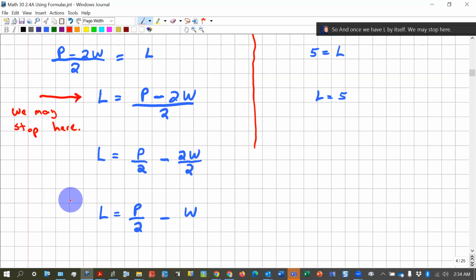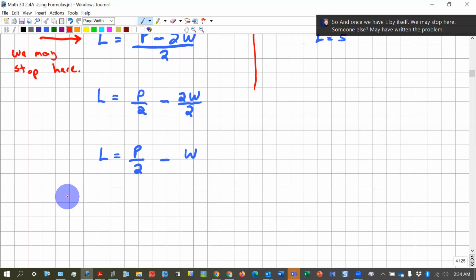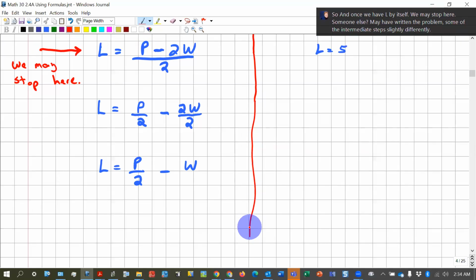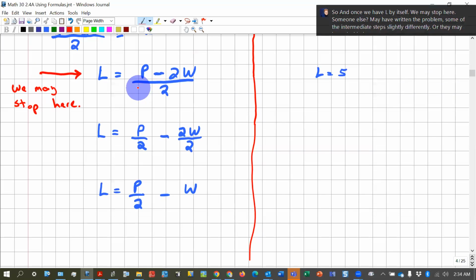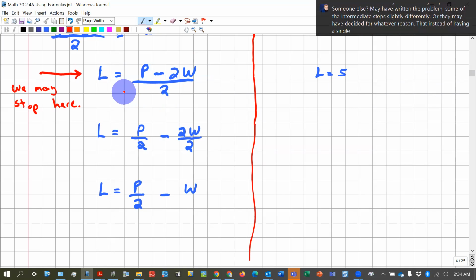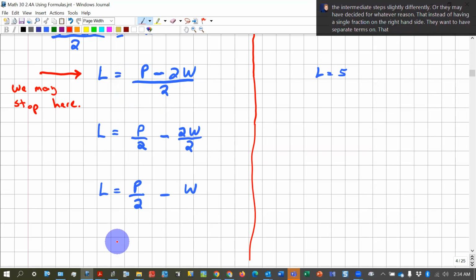Someone else may have written the problem, some of the intermediate steps slightly differently, or they may have decided for whatever reason that instead of having a single fraction on the right-hand side, they want to have separate terms on the right-hand side.